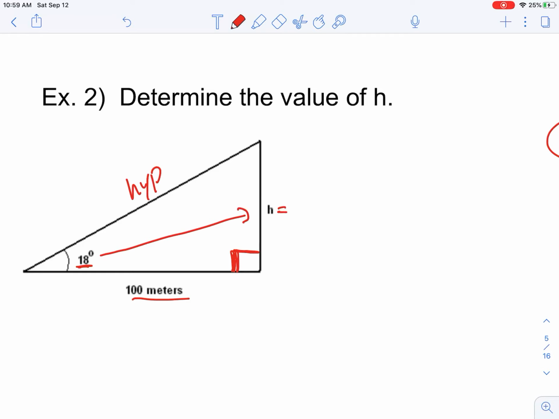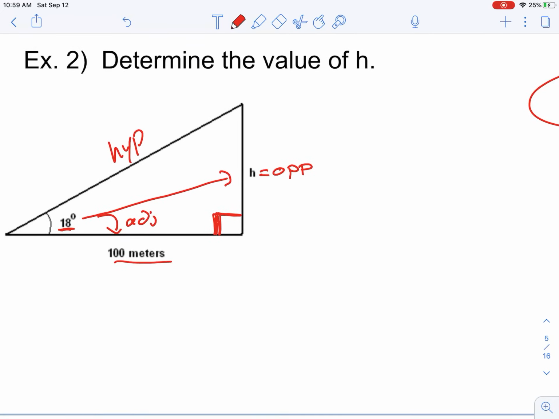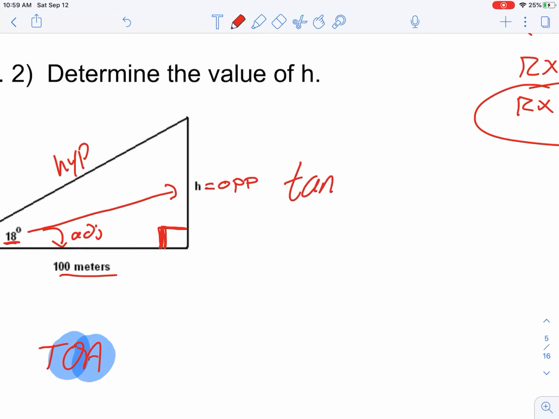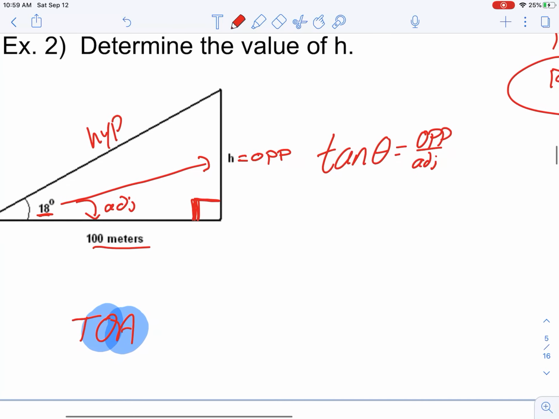We're trying to find the opposite side length of our 18 degrees, and we're given the adjacent. What relates a degree to its opposite length and adjacent? That would be TOA. Tan equals opposite over adjacent. So we're going to have to use tan angle equals opposite over adjacent.